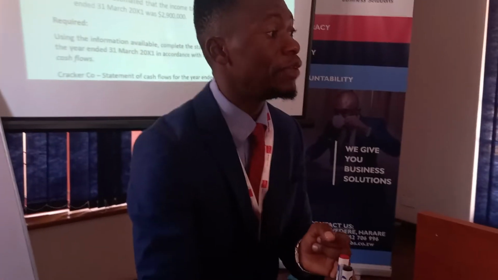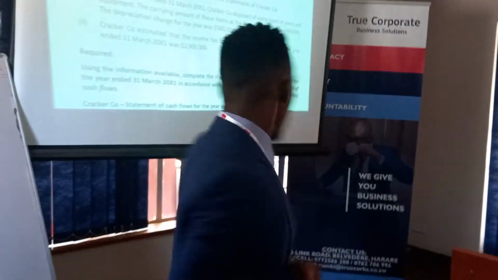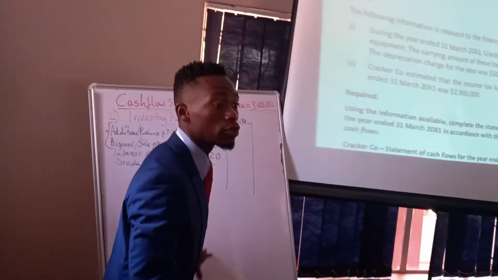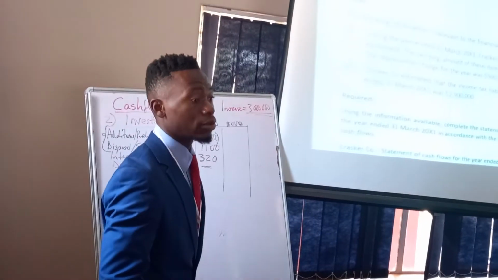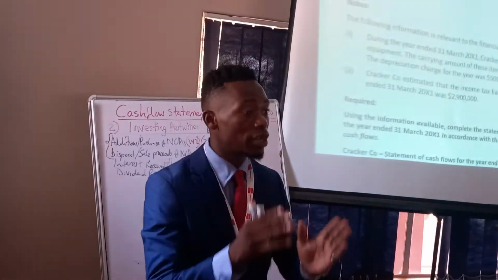You need the PPE account. You remember that on operating activities, we recorded the depreciation charge and the profit or loss on disposal. Sometimes the profit or loss will not be there. So you need to open the profit or loss on disposal to calculate the profit. So that's why it is wise to start with the workings first.